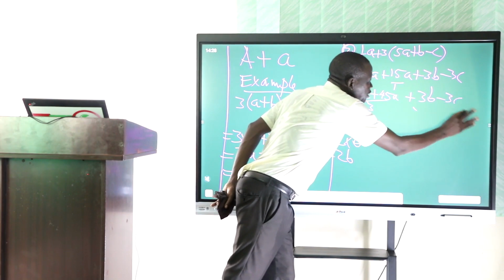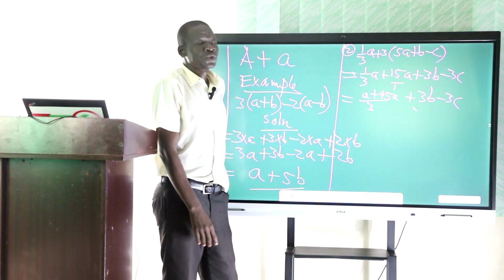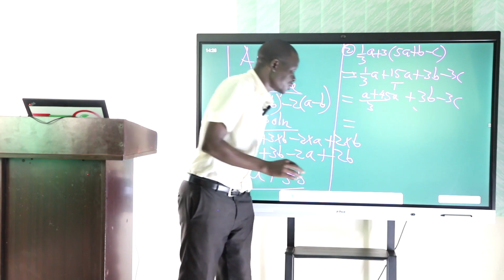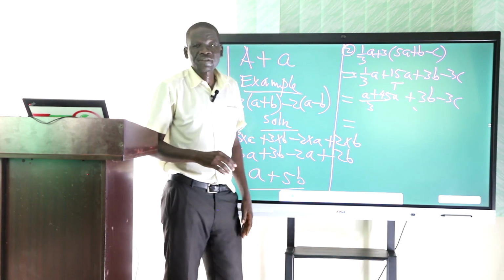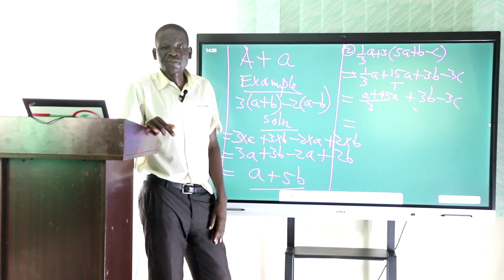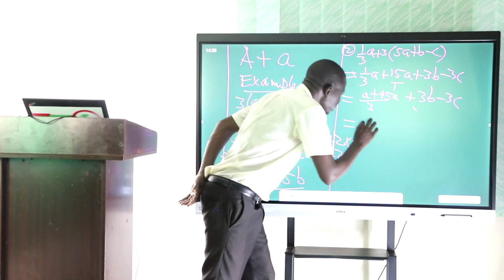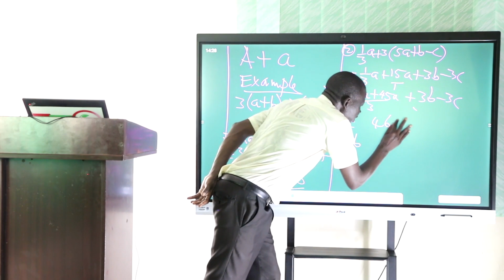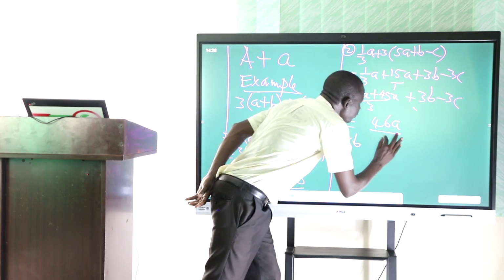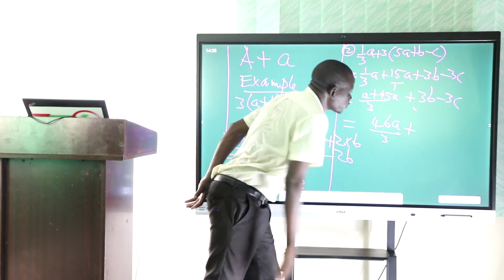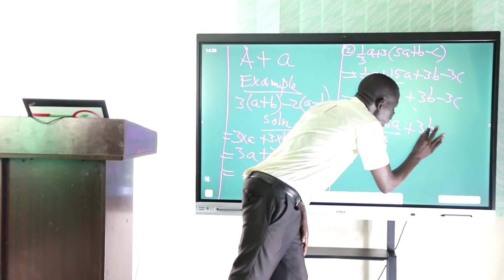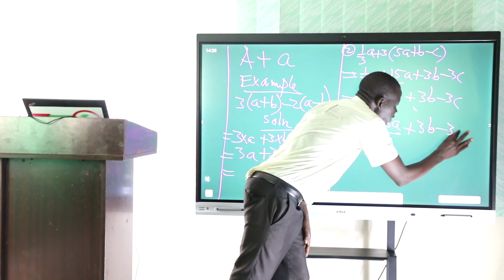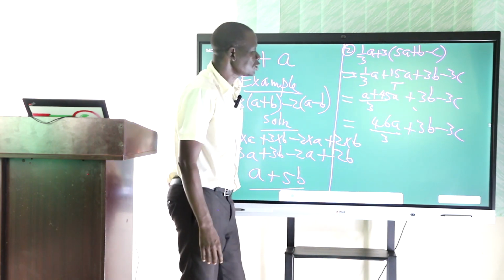3b minus 3c. So here we have like terms still. The like terms here are a plus 45a. So a plus 45a, you get 46a over 3 plus 3b minus 3c.